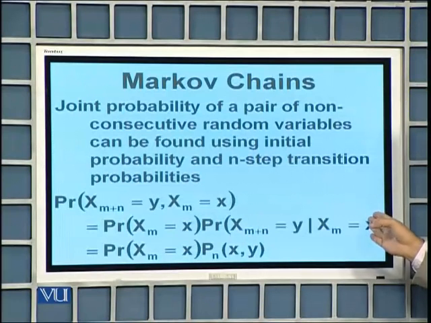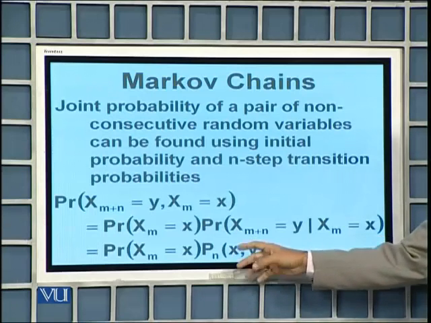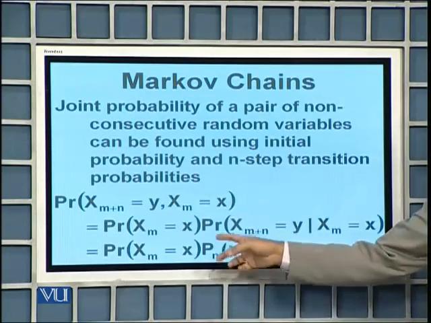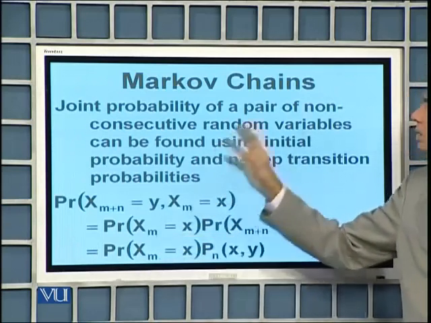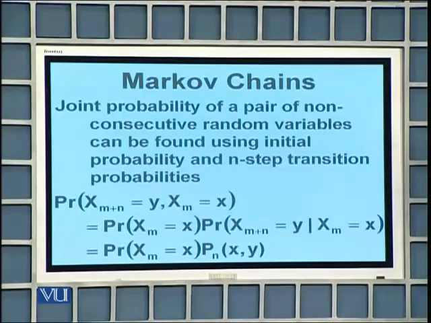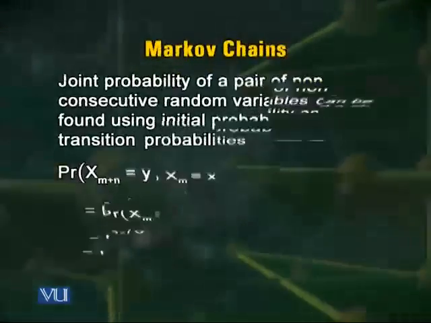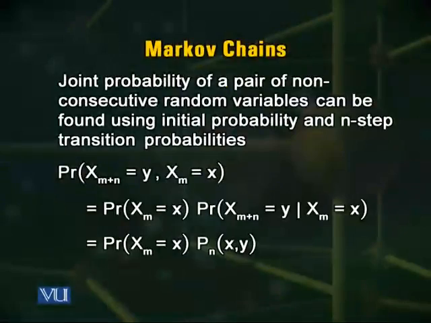And this is nothing but the n-step transition probability, which is shown here. So if you have information about n-step transition probabilities, you can find the joint probability of random variables which necessarily are not neighbors or adjacent to each other.